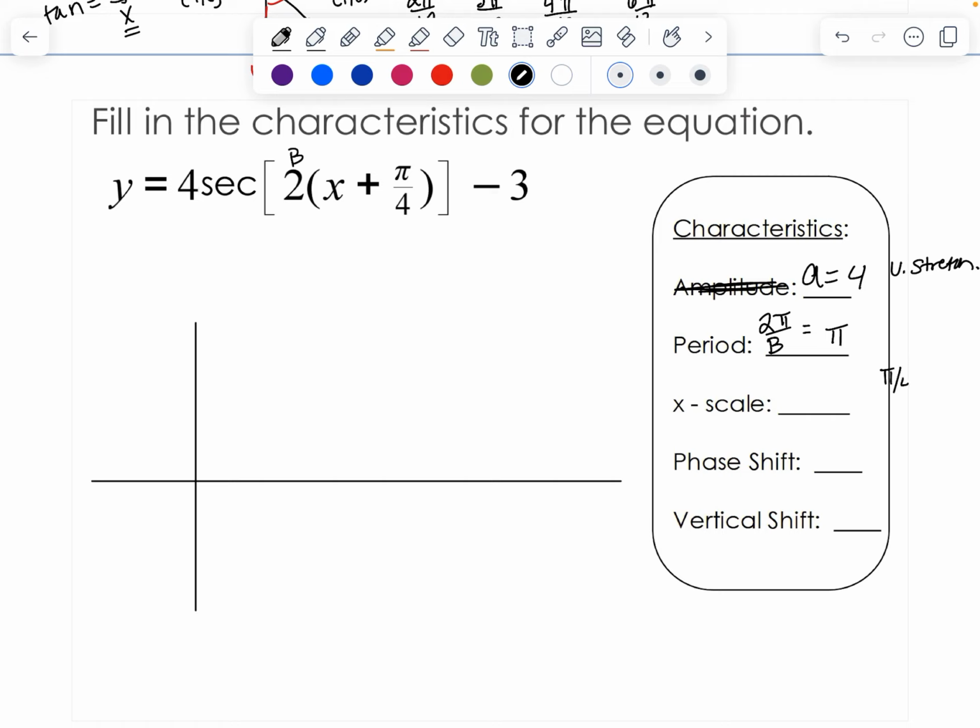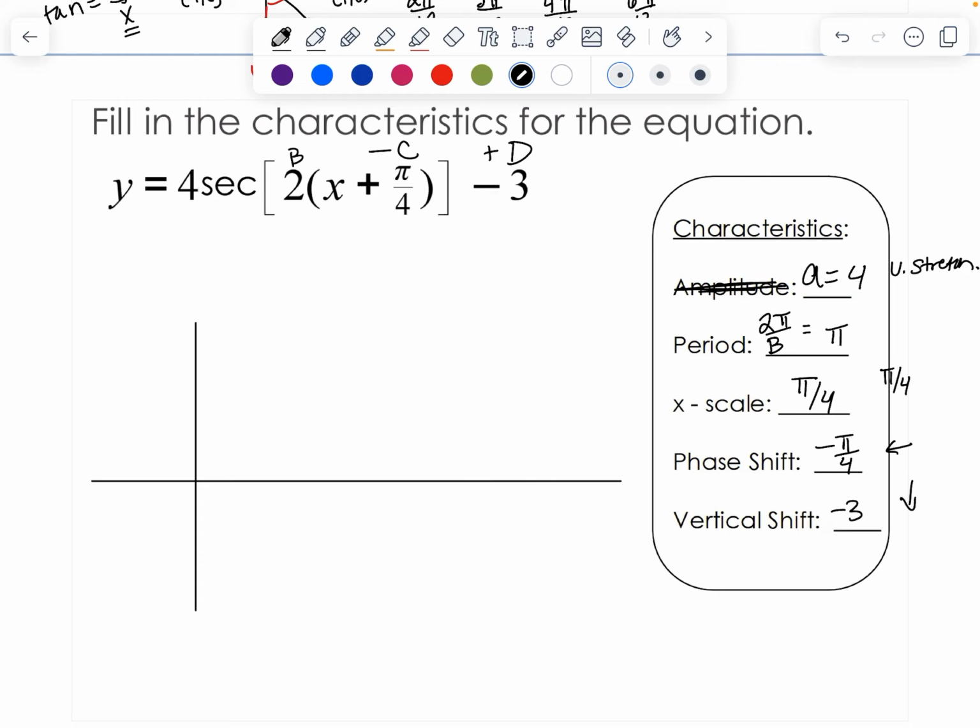And then if you take pi and cut it into equal fourths, you're going to be counting by pi over 4s. And then our c is going to be negative pi over 4, and that's going to be our phase shift. So we're going to shift it left pi over 4. And then our plus d is there, so our vertical shift is going to be down 3.